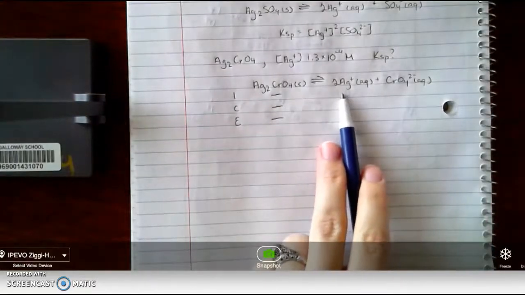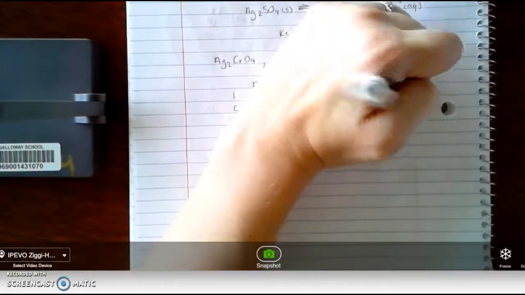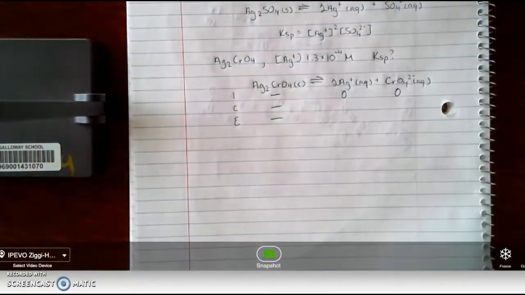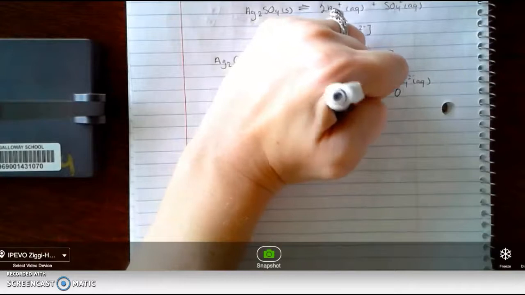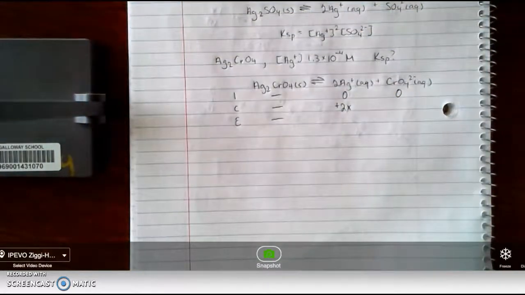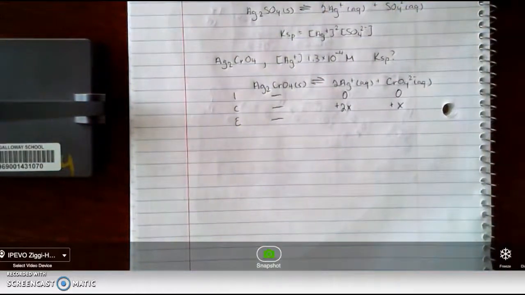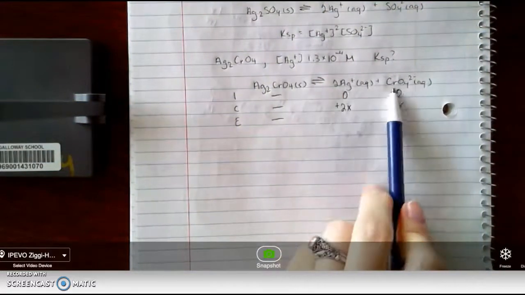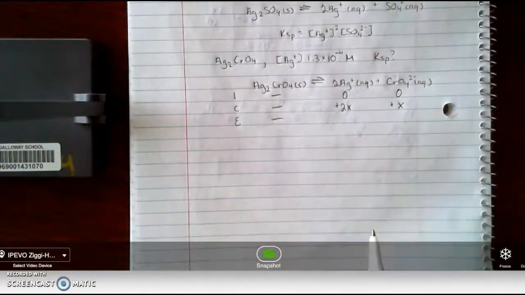So we know that when we first put our solid into the water, initially we're going to have none of our product. We're not going to have any ions. And then as the substance starts to dissolve, we're going to add 2x silver ions for every 1x chromate ions because we get 2 silvers and 1 chromate every time 1 silver chromate dissolves.